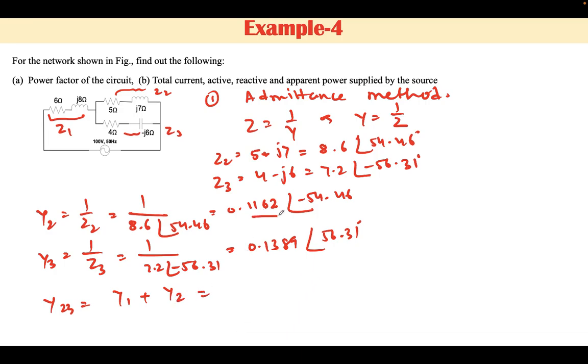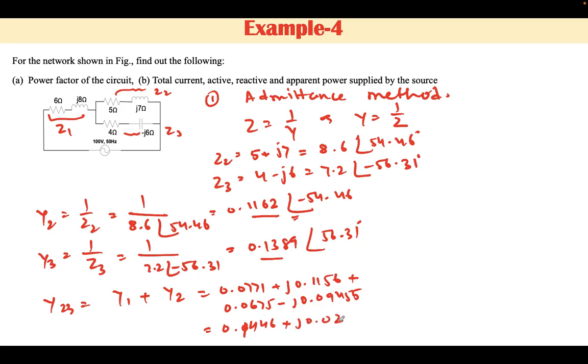Again converting this polar form into rectangular form, the resultant value will be: for Y3, 0.0771 plus j0.1156, and for Y2, converting into rectangular form, it will be 0.0675 minus j0.09455, and it gives the resultant value as 0.1446 plus j0.0210.